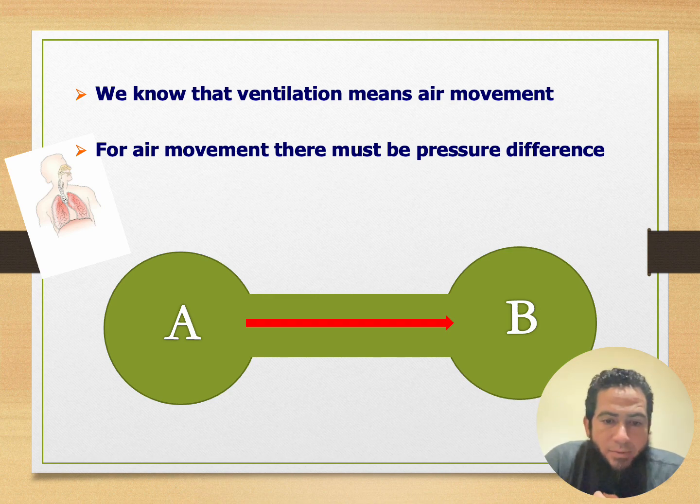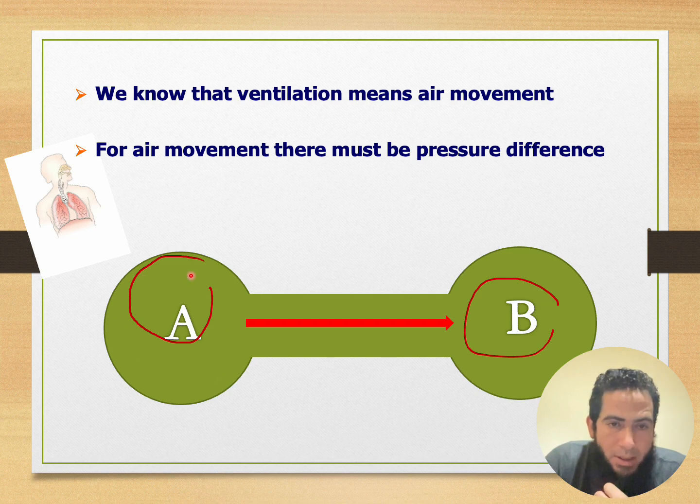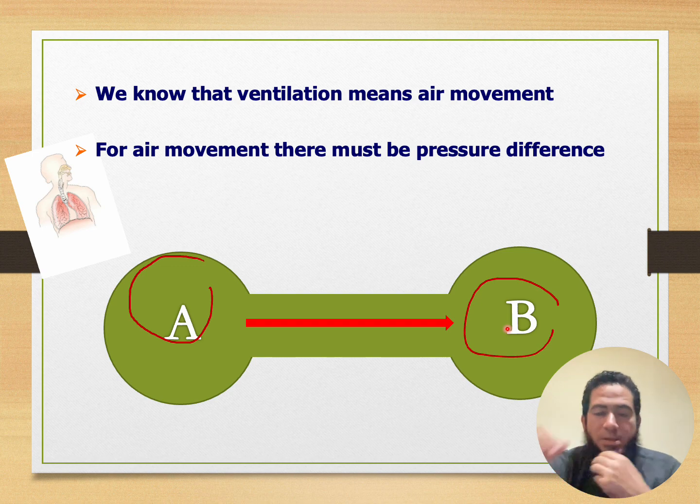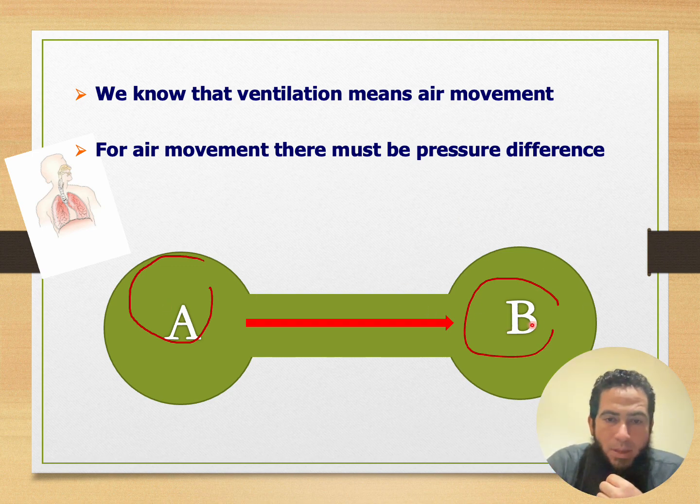For example, if you get 2 points, point A and point B, for air to move from A to B, it needs either increased pressure in A or decreased pressure in B. If you have a tube and you need the air to move from end to end, you need either to blow on one side, or to make suction or suck from the other side. So ventilation is air movement, and air moves due to pressure change.